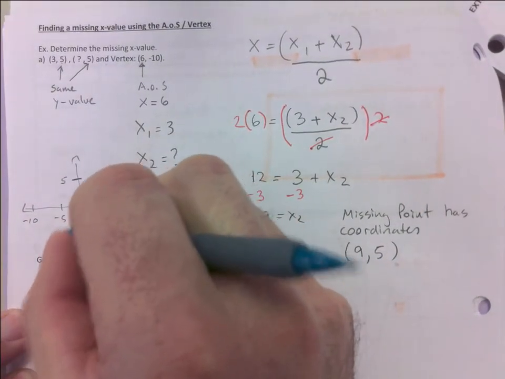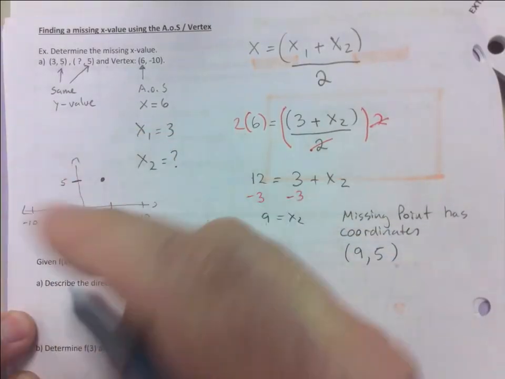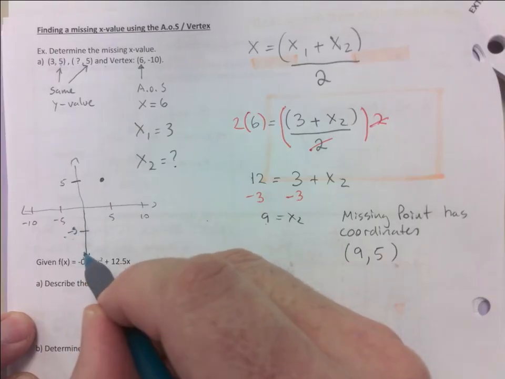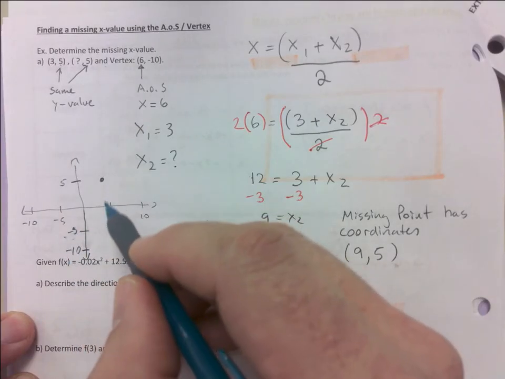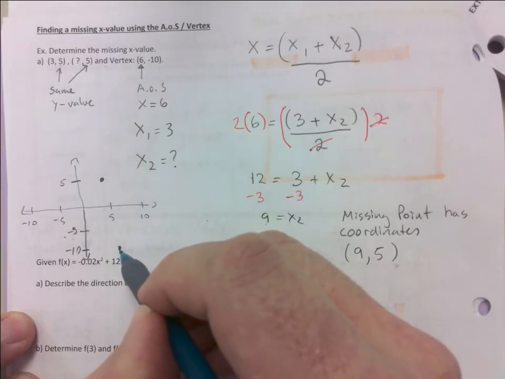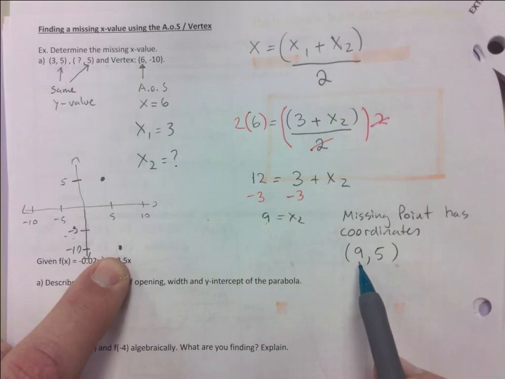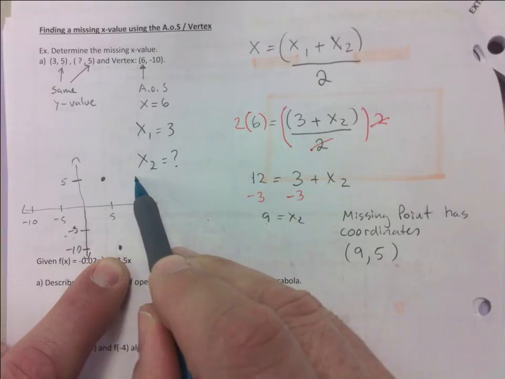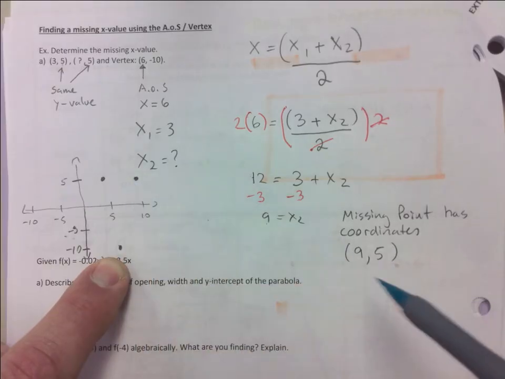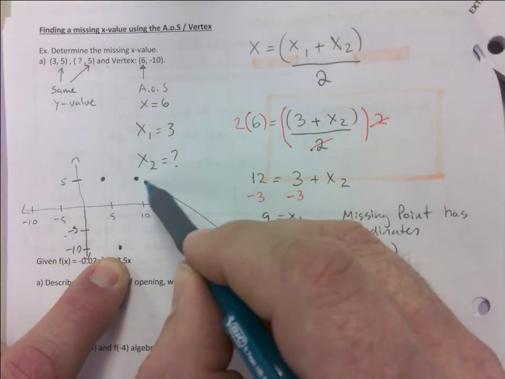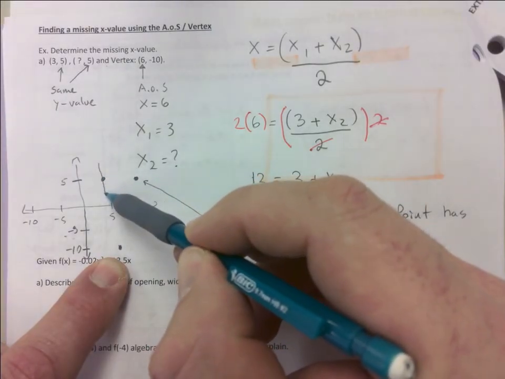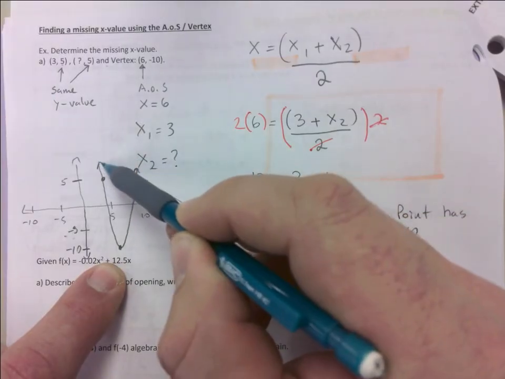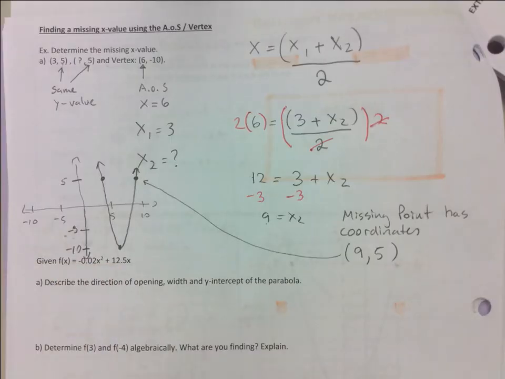That's why we have erasers, remember? I'm going to go negative 5 here, and this is going to be negative 10 for me. So 6, negative 10 is right there. And the point I just found is at 9, 5. Okay, so this is what I found. I found the coordinates. So now you can kind of picture the parabola going that way.